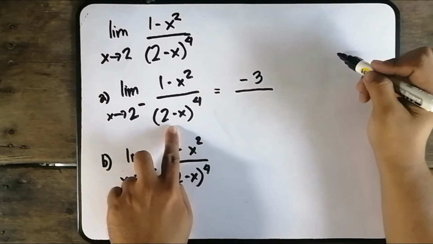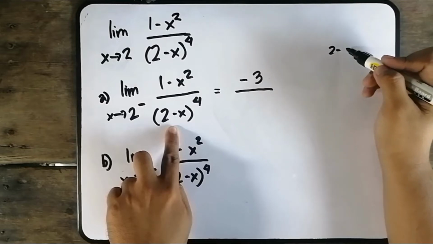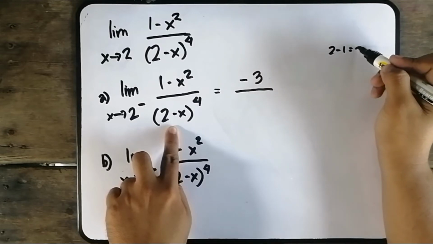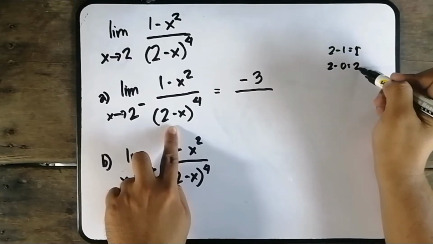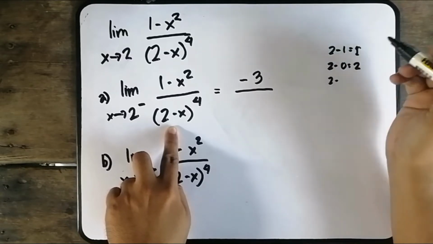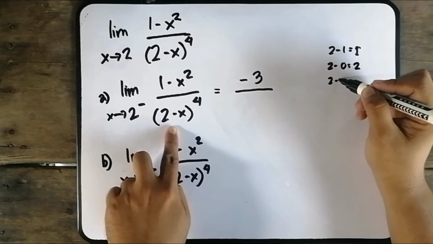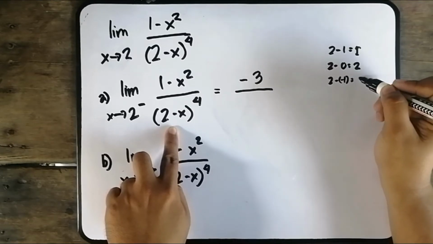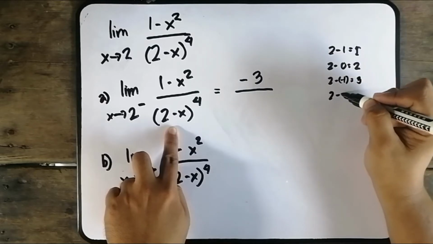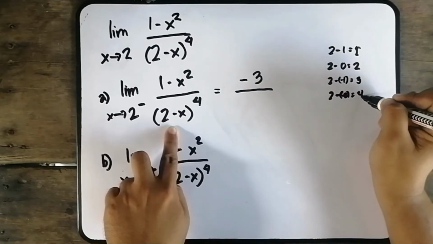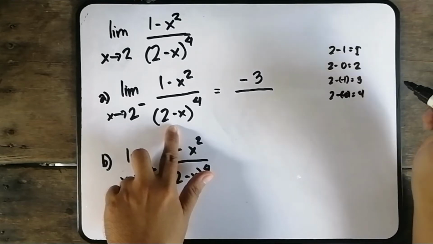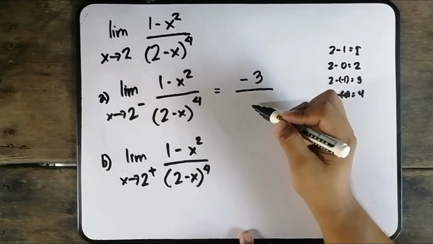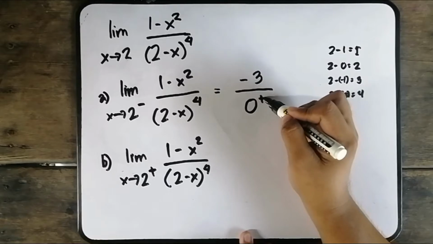We have 2 minus 1, so that is 1. 2 minus 0, that is 2. 2 minus negative 1, so that is 3. 2 minus negative 2, so that is 4. So as it approaches 0, dadaan siya sa positive values, therefore that is 0 positive.